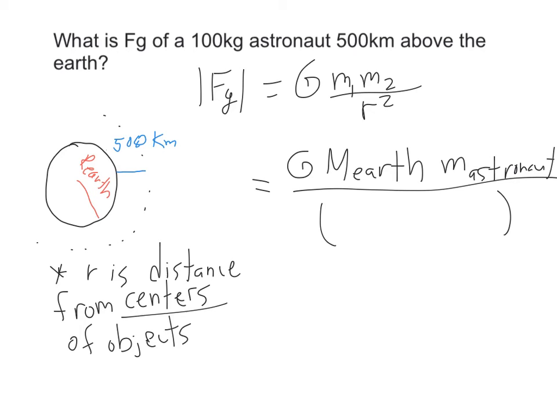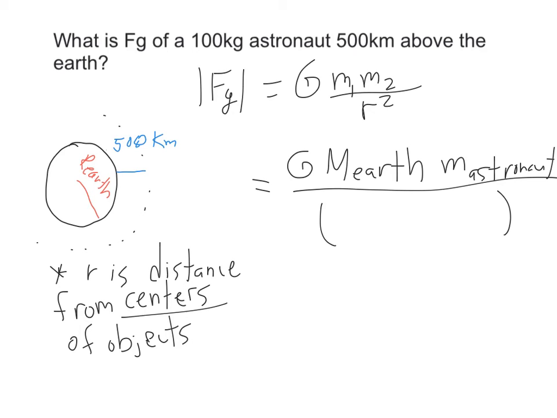That's important, because even though the astronaut is 500 kilometers above the Earth, that is only measuring to the surface of the Earth. You still have the entire radius of the Earth to take into account as well, and that is a very significant distance.